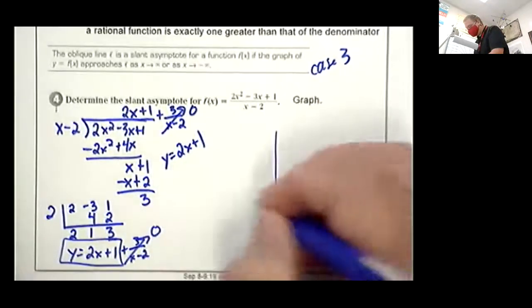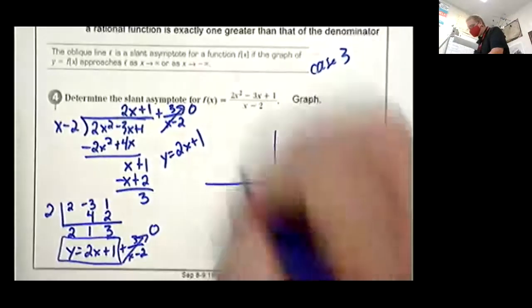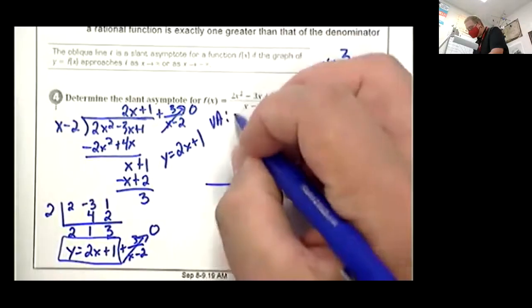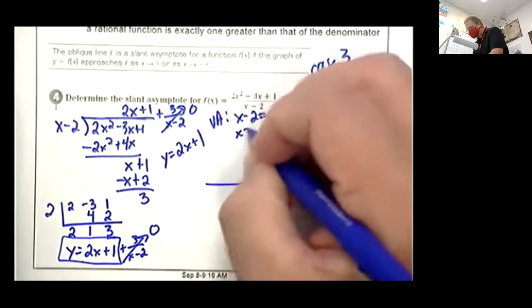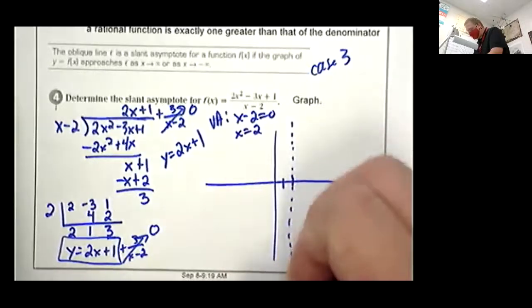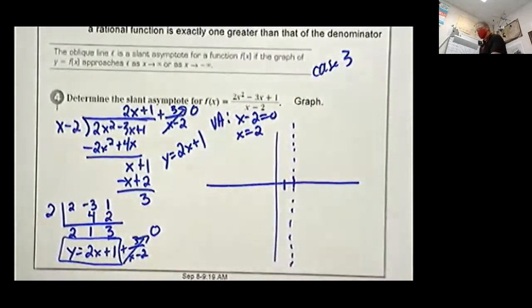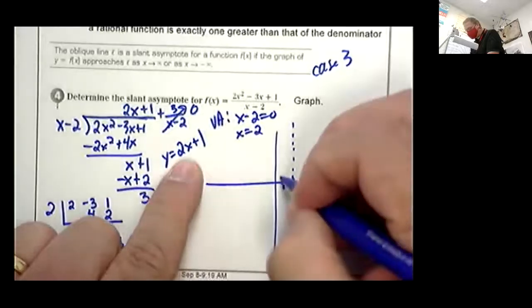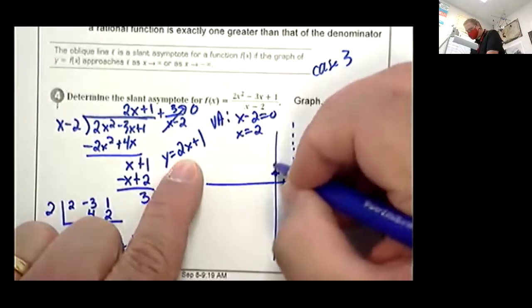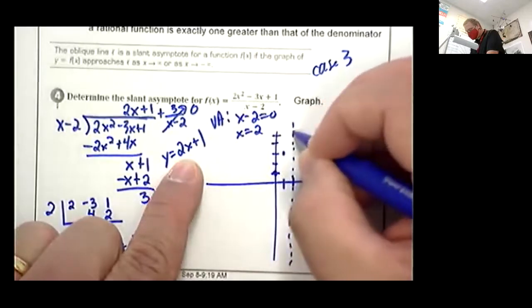All right, here's our graph. Notice we still have a vertical asymptote. The vertical asymptote is at x minus 2 equals 0, which is x equals 2. So we do still have a vertical asymptote. But now we have a slant asymptote, and that's at y equals 2x plus 1. So there's 1 for my intercept, the slope of 2 takes me there and there.